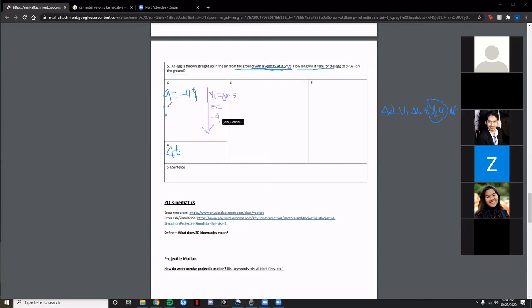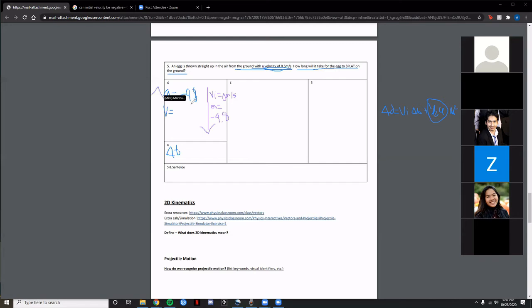So if you have velocity, what equation would you use if you have velocity, acceleration, and trying to find delta t? The first one. Yes, you would.